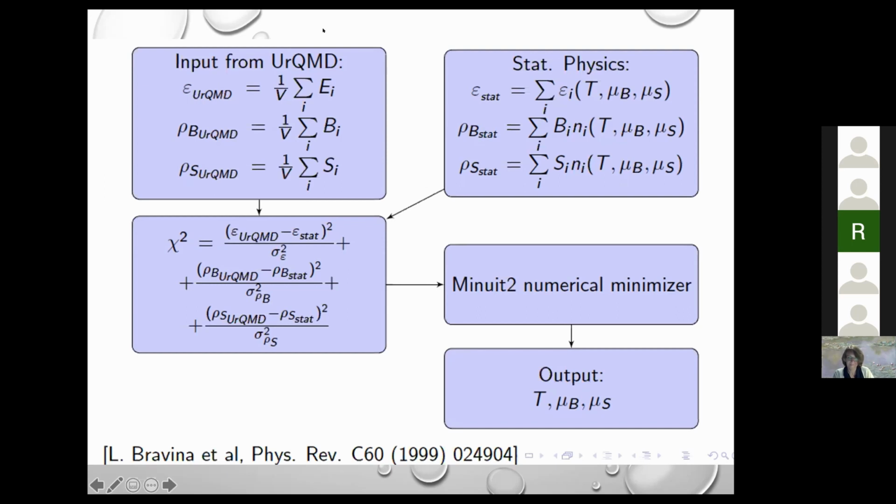This process is quite important in the range between 4 or 5 GeV in the center of mass frame up to maybe 15 GeV.